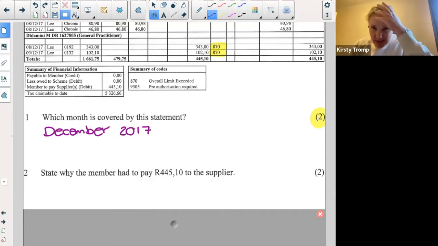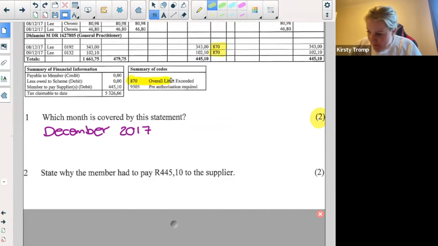So what happens is sometimes medical aid, just like with this medication that they paid for, will give you a certain amount of money to go see the doctor. Or they'll give you a certain amount of visits to go see the doctor. But in this case, what did we see with this code, this 870?